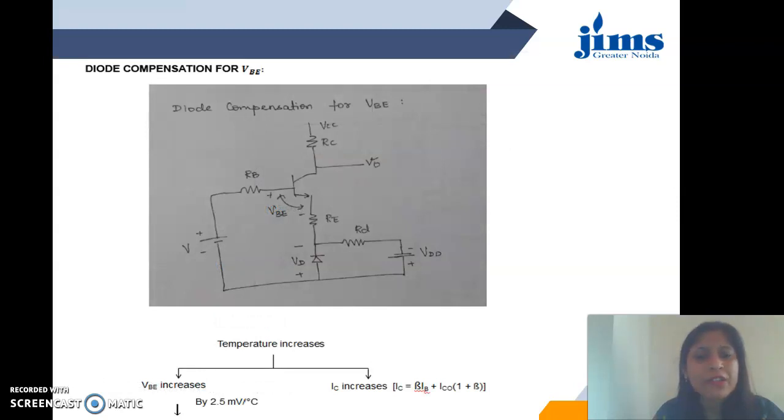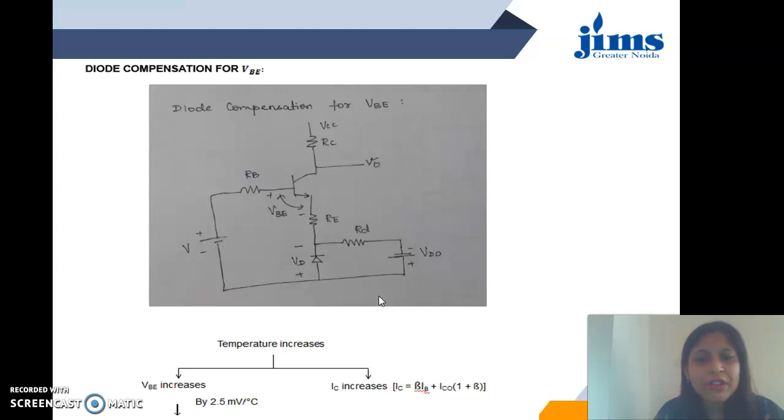Next compensation technique is diode compensation technique. Here a diode is connected in the emitter arm after the emitter resistor as shown in the circuit, and the bias battery is also connected across the diode as shown here. Now what condition occurs if the temperature increases?